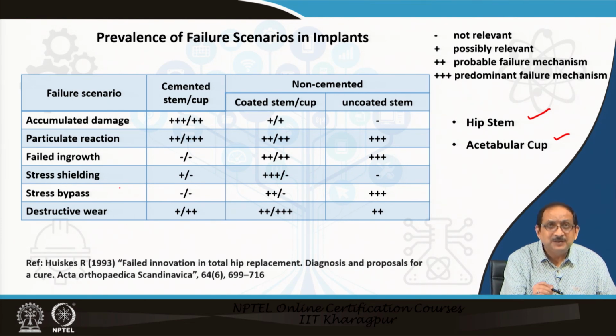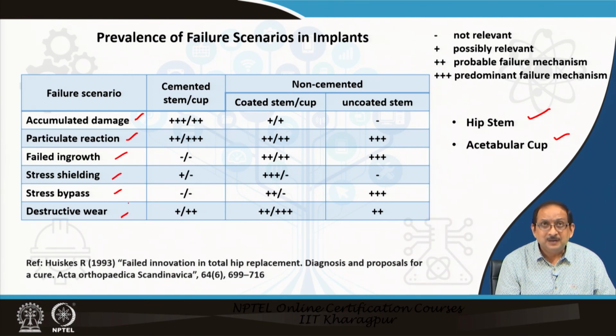On the left hand side of the table we have the different failure scenarios, and corresponding to cemented stem or acetabular cup, the relevance of these failure scenarios are presented individually.